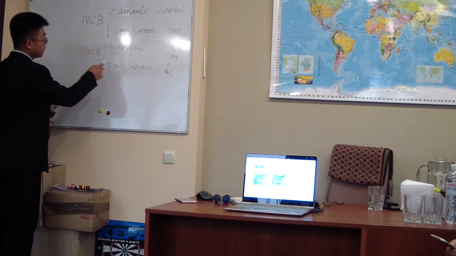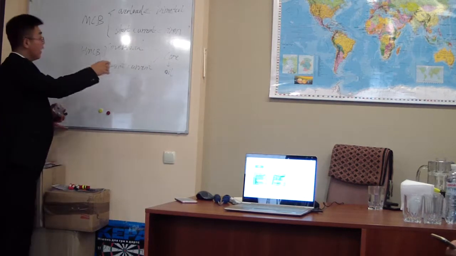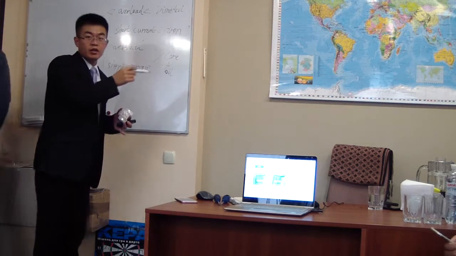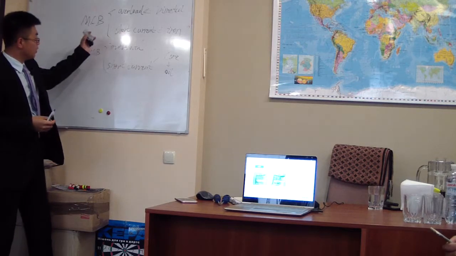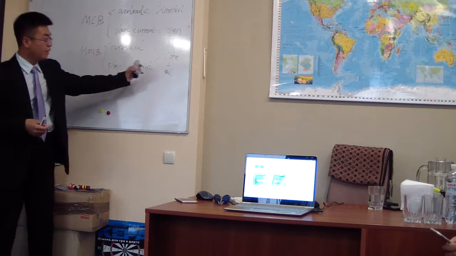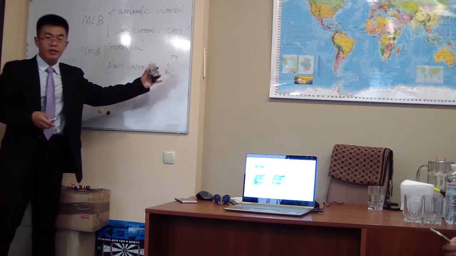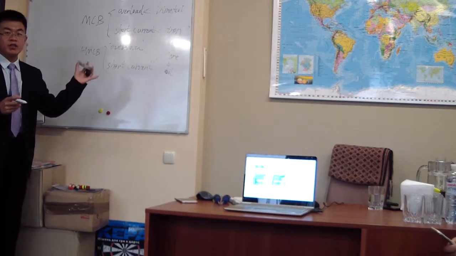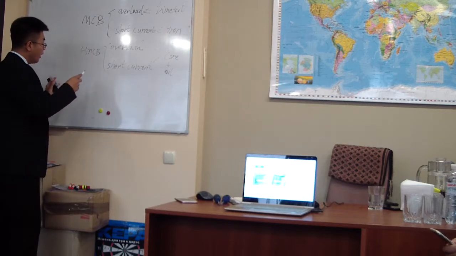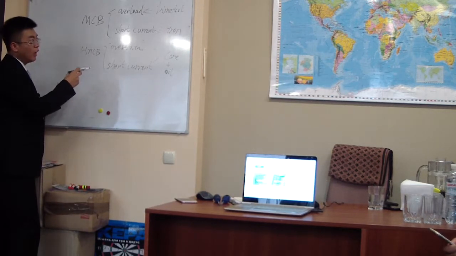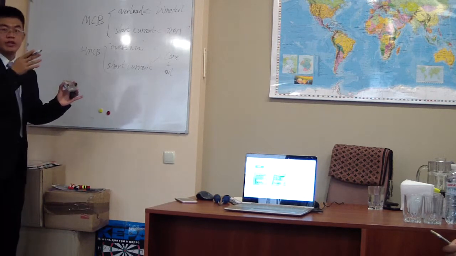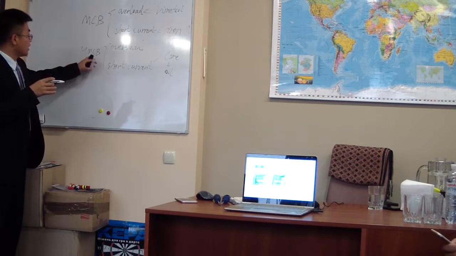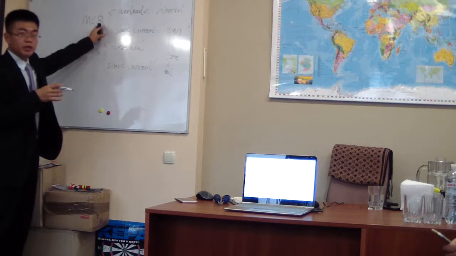This is MCB's structure, and this is HMCB's structure. Yeah, the difference between MCB and HMCB, as I just told you. Through the parameters, you can see the difference. HMCB is more accurate than MCB.